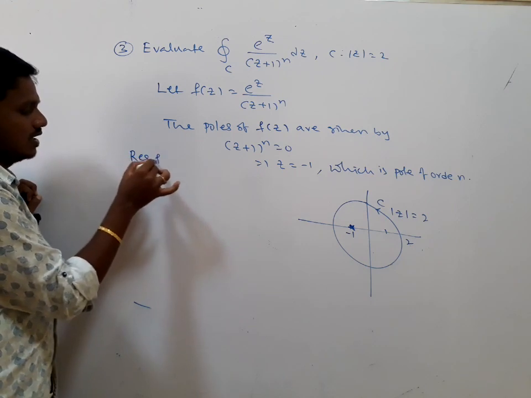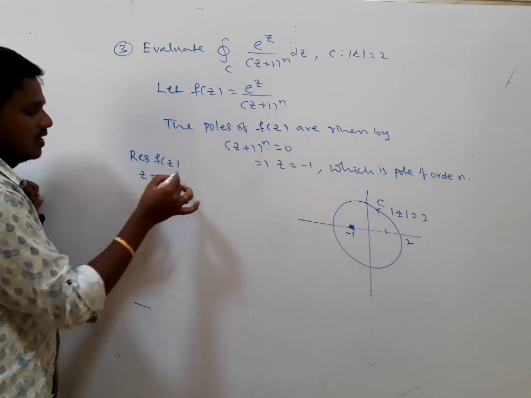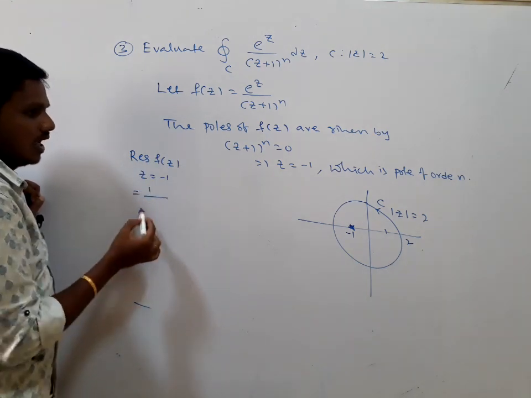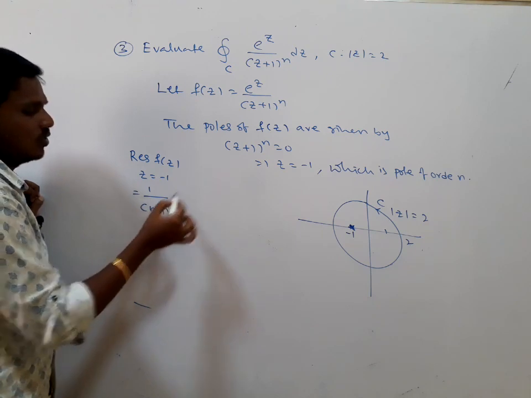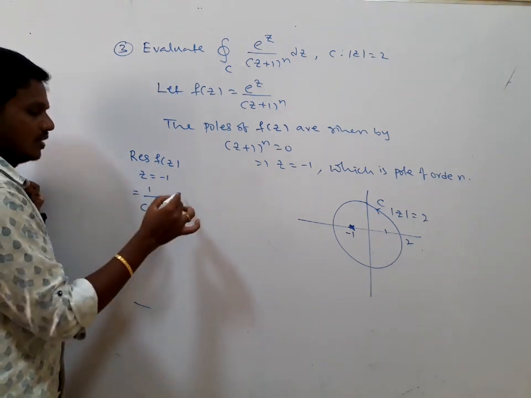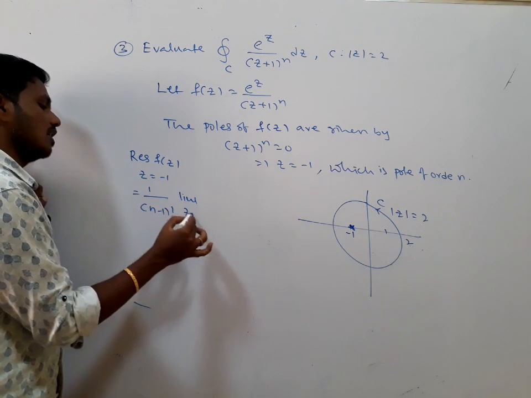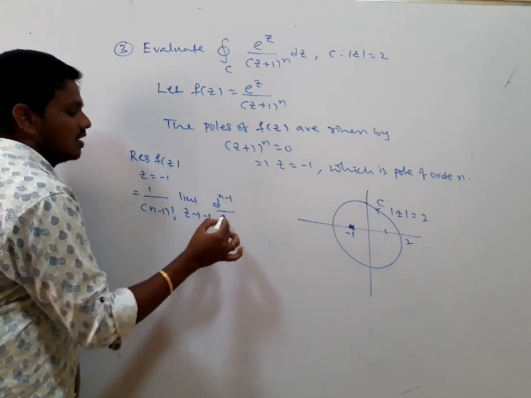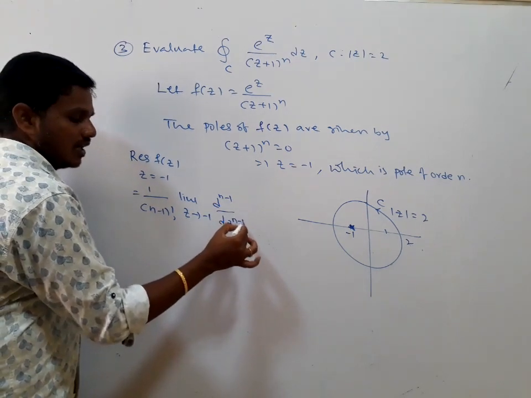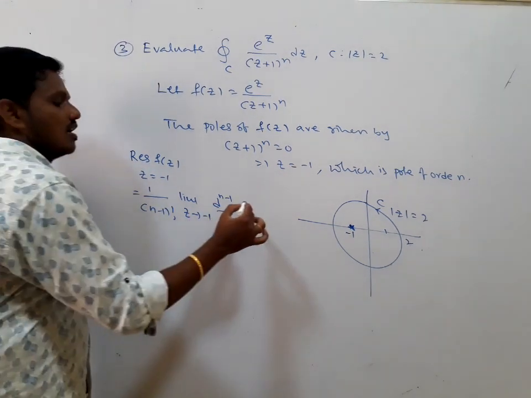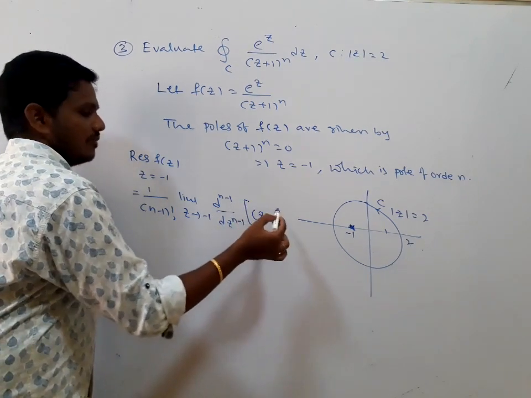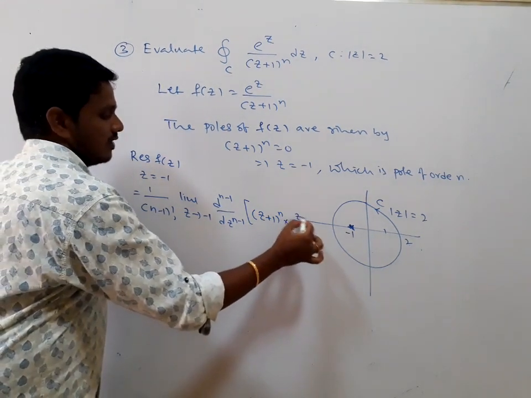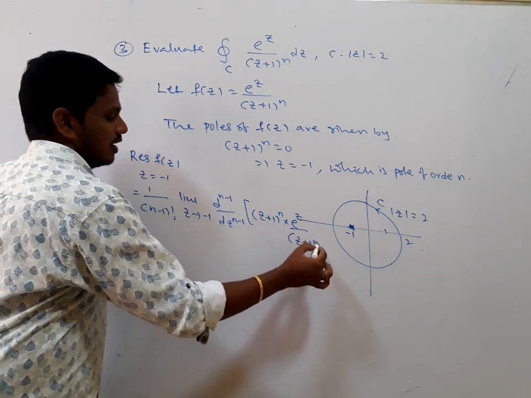Residue of f of z at z equals minus 1, which is a pole of order n, equals, directly I am writing the formula, 1 by (n minus 1) factorial, limit z tending to minus 1, d to the power of n minus 1 divided by dz to the power of n minus 1 of (z plus 1) whole to the power of n into e to the power of z divided by (z plus 1) whole to the power of n.